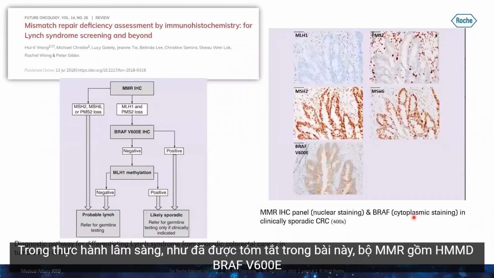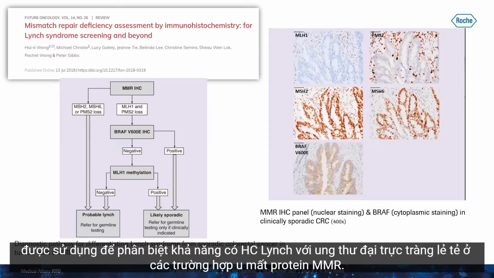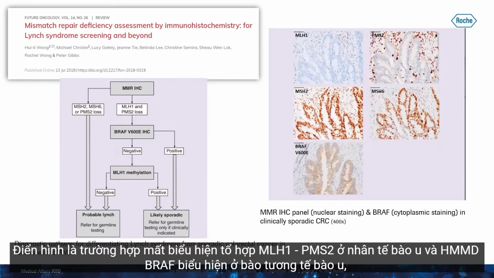In clinical practice, as summarized in this review article, the MMR panel includes the BRAF V600E immunohistochemistry to distinguish between a probable Lynch versus likely sporadic colorectal cancer in tumors with loss of MMR protein, typically the MLH1 and PMS2 combination.